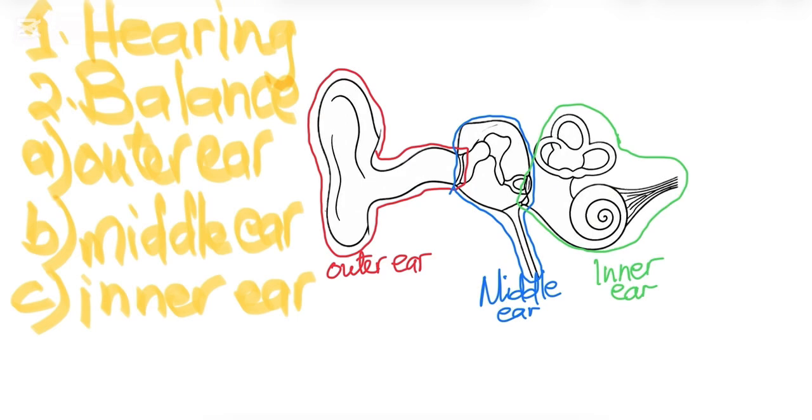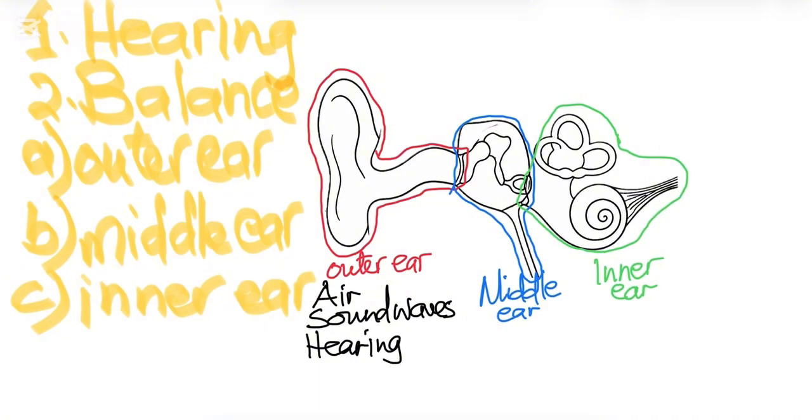Right? It is important for us to note that our outer ear is filled with air, and the stimulus is the sound waves, and that the outer ear plays a part in the hearing process.